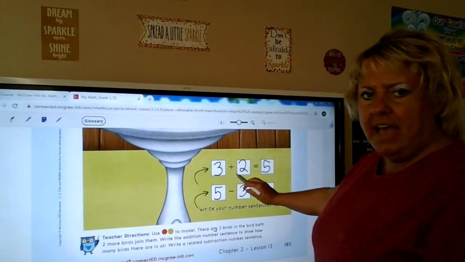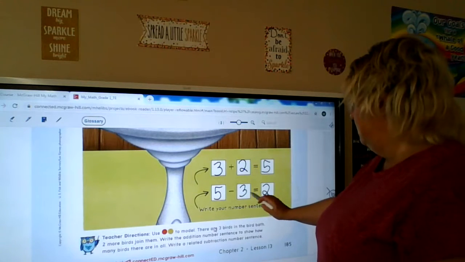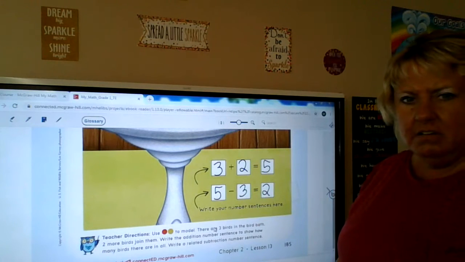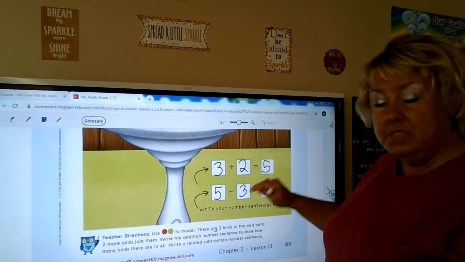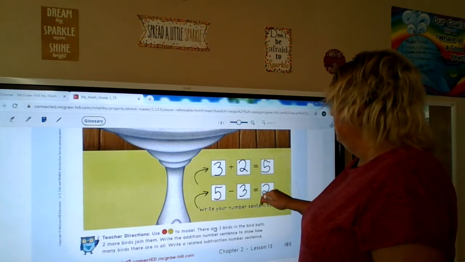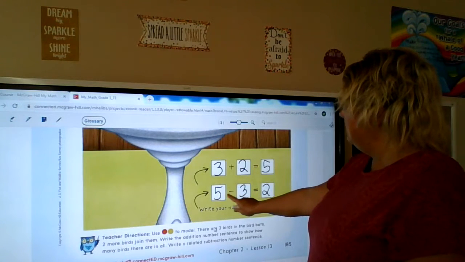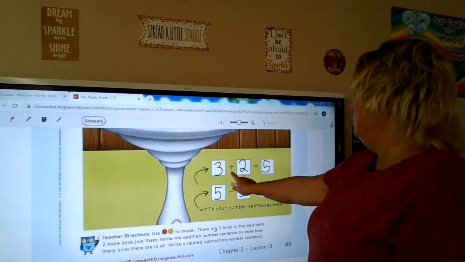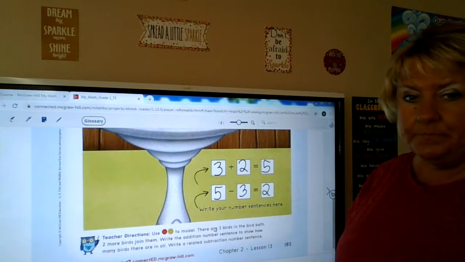Do you see how we have a 3, a 2, and a 5? But we just have to move them to position them so that it makes sense. So is 2 plus 3 5? 2 plus 3 is 5.